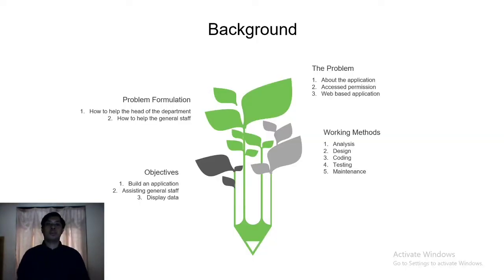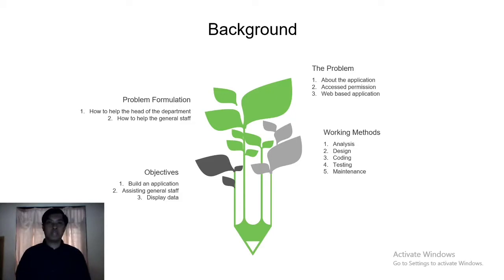Okay. The next is background. In background, there are four parts, namely problem formulation, objective, the problem, and working methods. In problem formulation, there are how to help the head of the department and how to help the general staff.